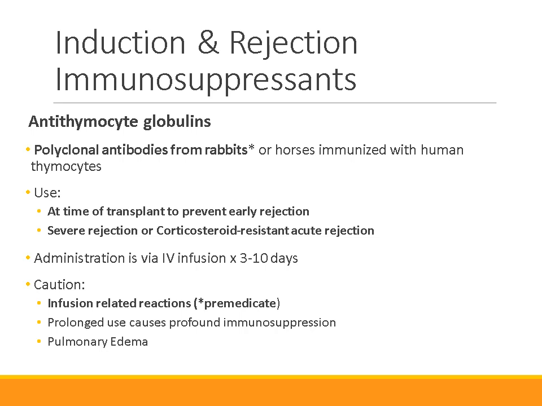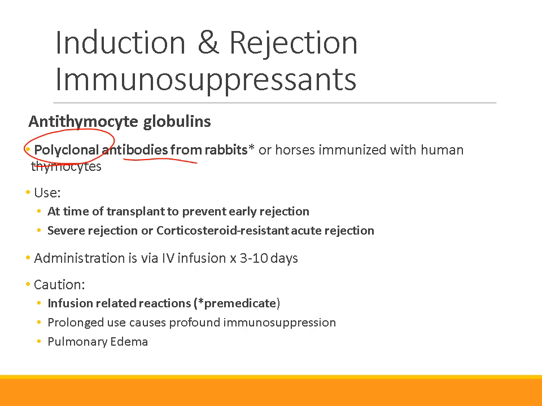Thymocyte, like T cells, right? Thymus-dependent cells. So anti-thymocyte globulins are polyclonal antibodies that can come from either rabbits or horses that have been immunized with human thymocytes. Just like immunizations work in us, right? You inject part of an antigen and the person has a stimulated immune response against that antigen.